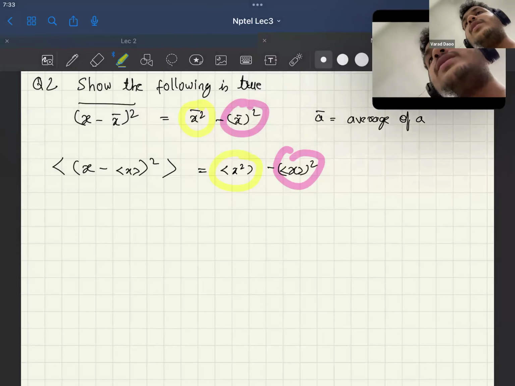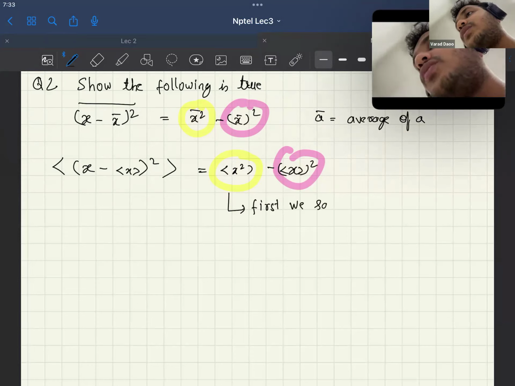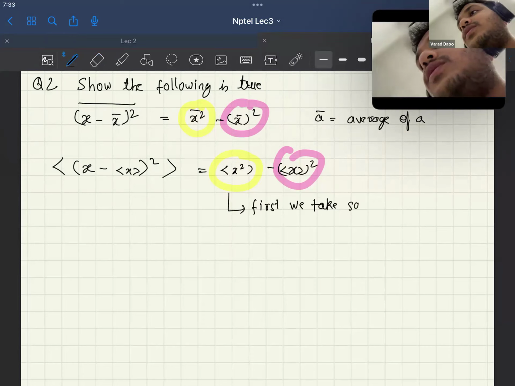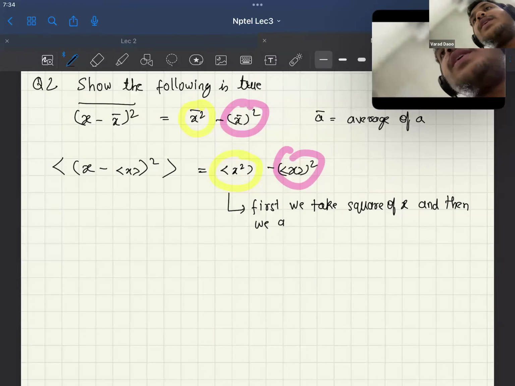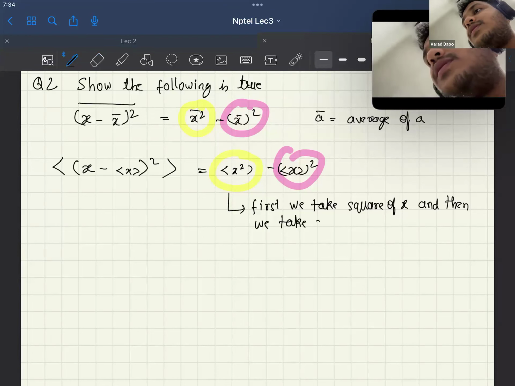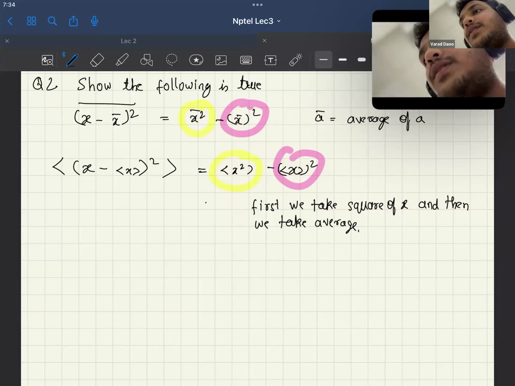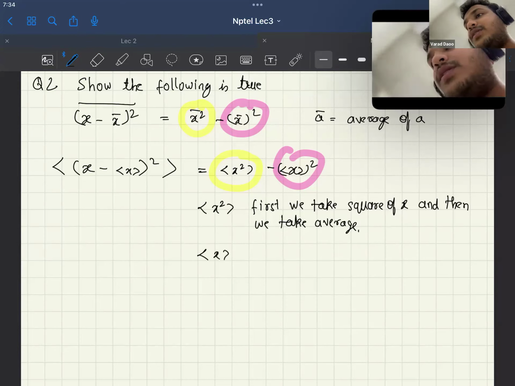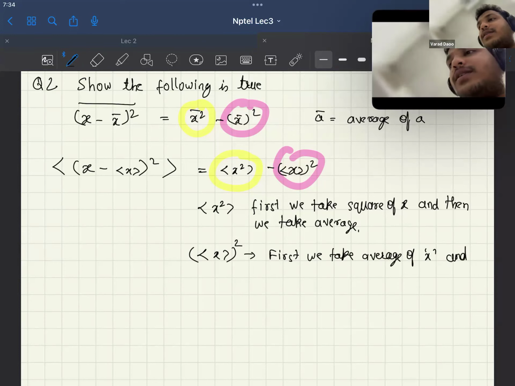Let's say you have some property x. What does the average of x squared mean? It means first we take the square of x, and then we average it out. Whereas the square of the average of x means first we take the average of x, and then we take its square.